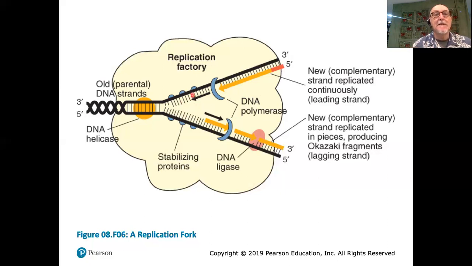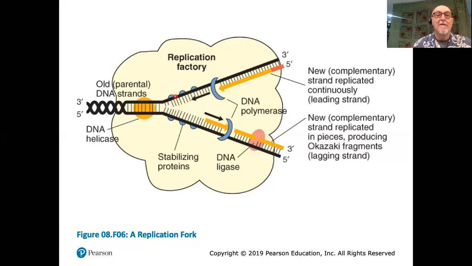So immediately these strands are separated from one another, they get stabilized by proteins which adhere to the strands, and they keep the two strands apart. First of all, they stop it from just joining together, but they protect the strand from enzyme action by the cell. So those are stabilizing proteins.